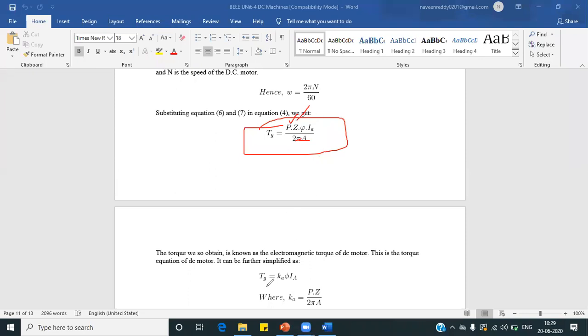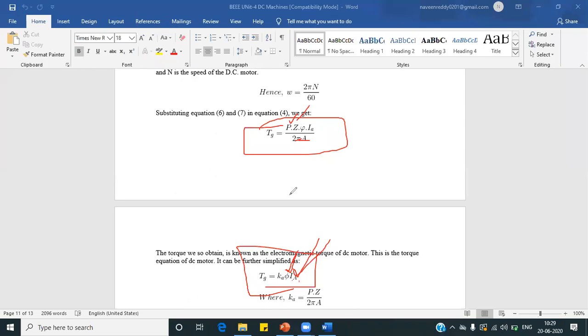All these things are constants. That's why the torque equation is proportional to flux and armature current. Armature winding, in the case of DC machine, is placed in the rotor circuit. So my point is the torque is proportional to flux and armature current. So this is DC motor.